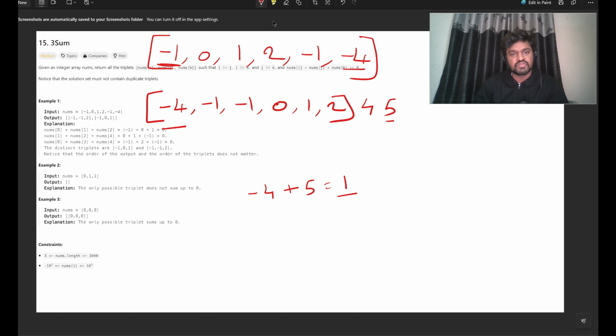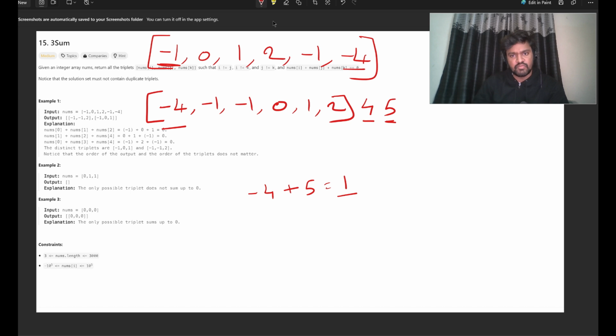So what should we do? We need to get a smaller number, but on the left side it is already the smallest. We cannot go smaller than this, right? But on the right side, we are at 5, already a big number. We can move one step backward to get a smaller number, right?